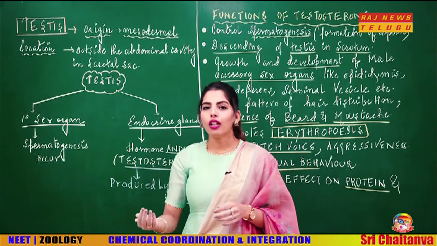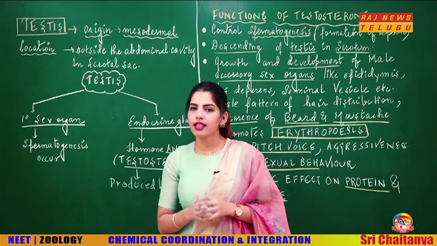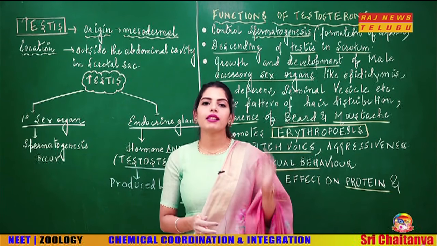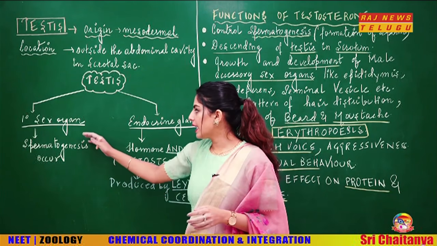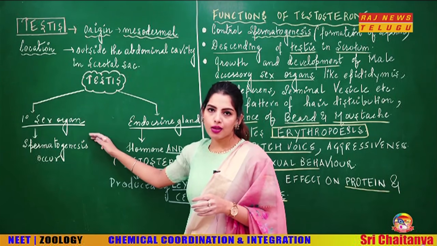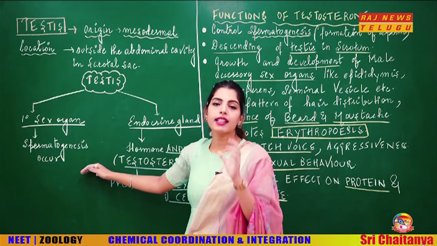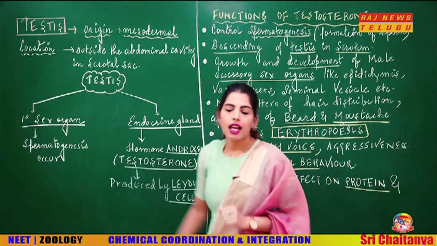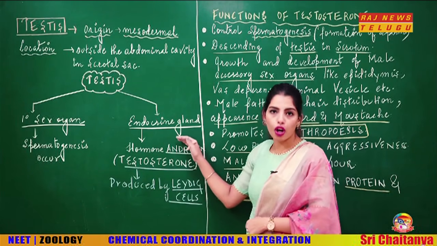In a male, it's the testis where spermatogenesis is taking place, and in females, it is the ovary where the oogenesis is taking place. So definitely it is acting as primary sex organ because the sperm formation is taking place, which is called spermatogenesis. When you are saying it's an endocrine gland, it is having the hormone.